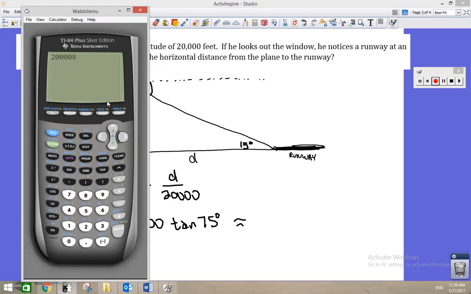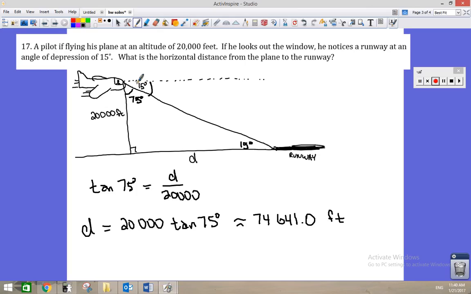Some older calculators, the Hewlett-Packard calculators, or financial calculators on TIs, would probably do it, and the commas for the thousands make it a little easier to read. It's awful easy to accidentally not have enough zeros or to have too many zeros, or at least it is for me. So how far is he from the runway? 74,641 feet.